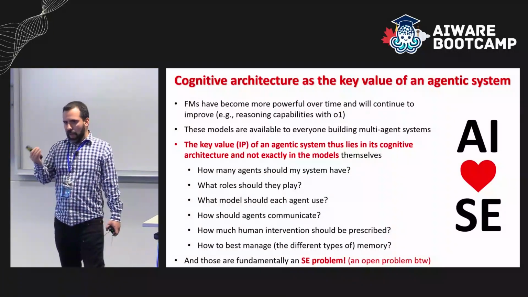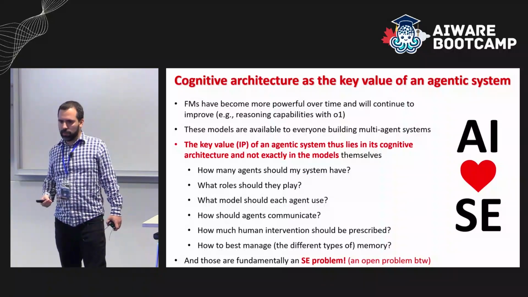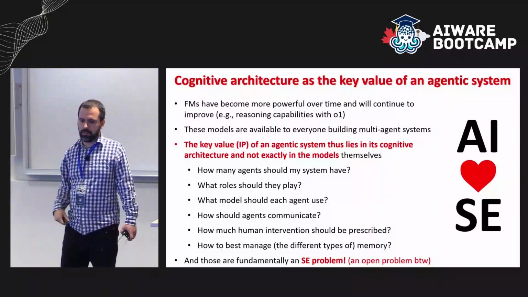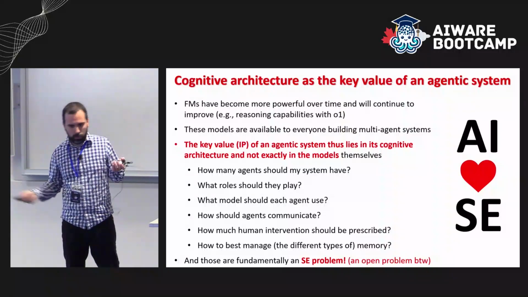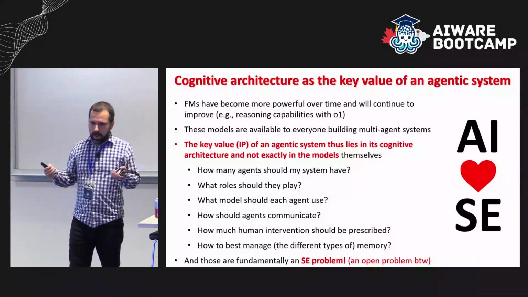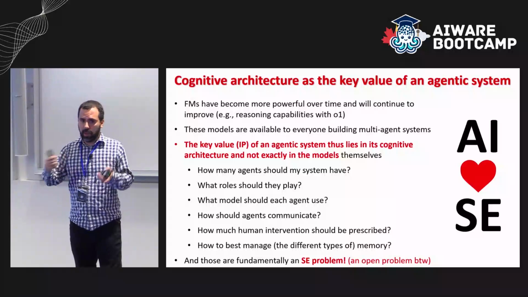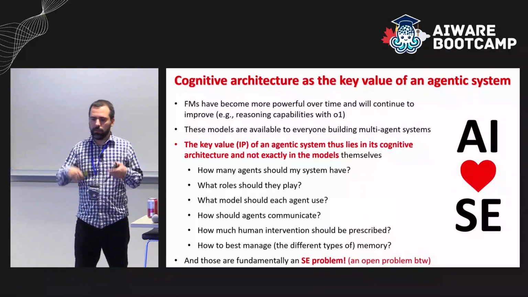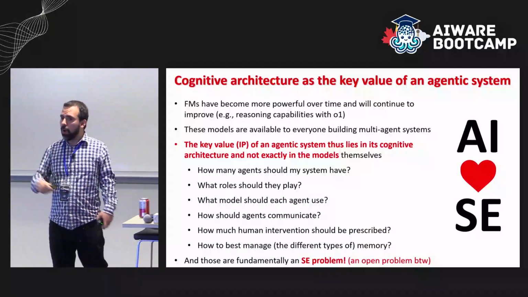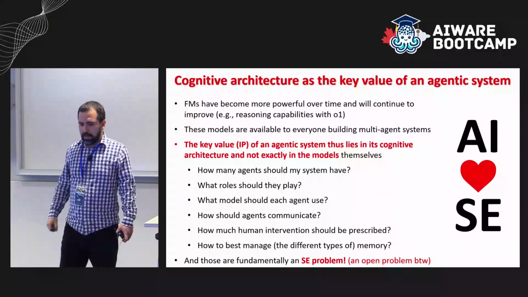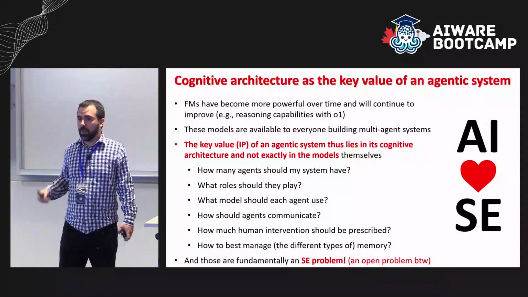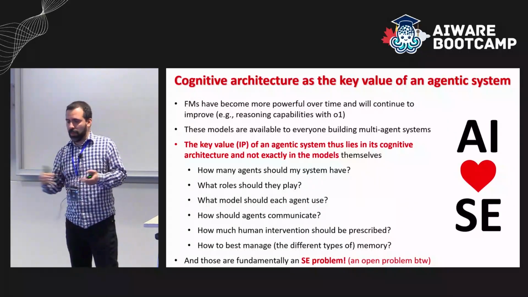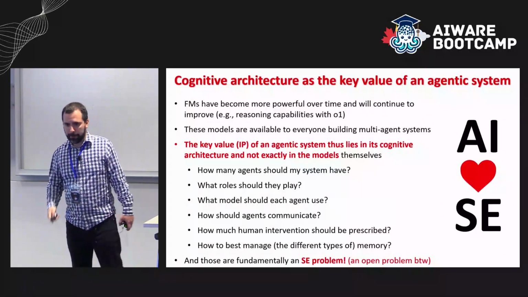So the key value, the IP of your agentic system is really in this cognitive architecture, in the answer to these questions, right? How many agents should I have? What roles should they play? What models should they use, because different agents can use different models, and how should they communicate with each other, and how much human intervention? These are hard questions to answer, right? And this is fundamentally a software engineering problem. So I think this is the perfect intersection of AI and SE, right?